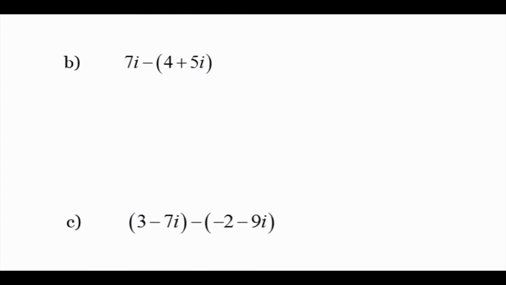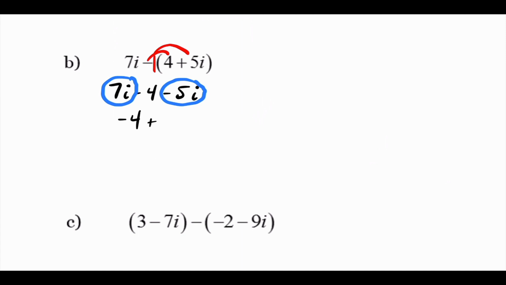Okay, so here we go. B. What do I have to distribute to get rid of these parentheses? Yep. Negative or negative 1. Combine like terms. So we get negative 4 plus 2i.